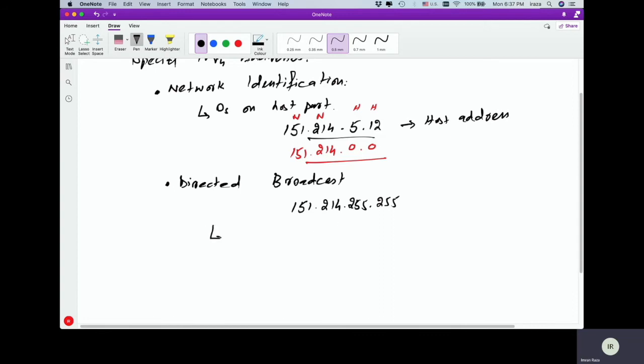What's the purpose of the directed broadcast, by the way? This means that it will broadcast to all hosts on the network. Which network? Yes, 151.214, right?